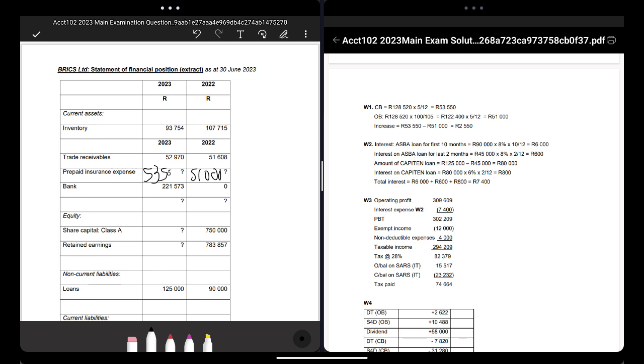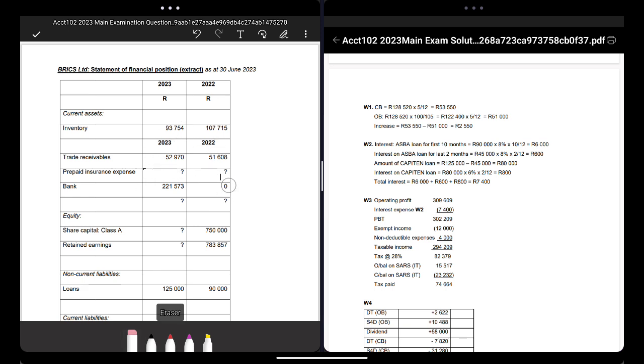We're doing opening and closing balance. Now we have an increase in prepaid expense, which means we paid cash, so we take the difference.